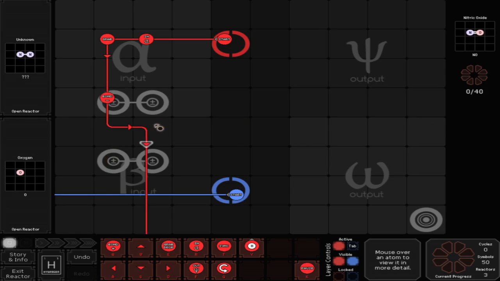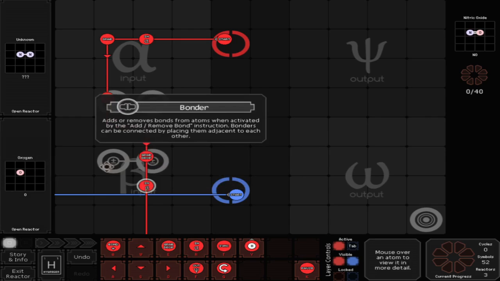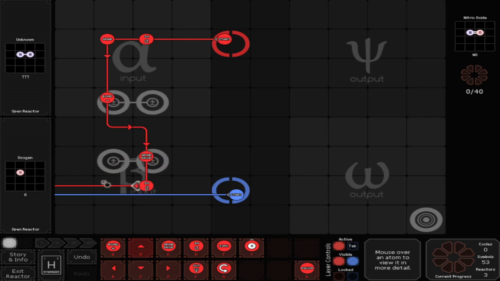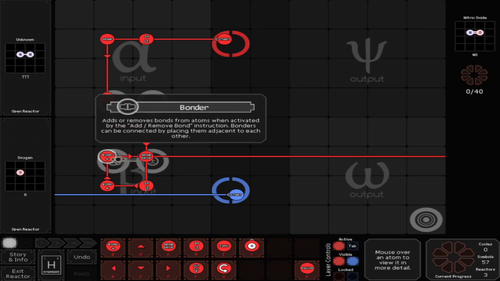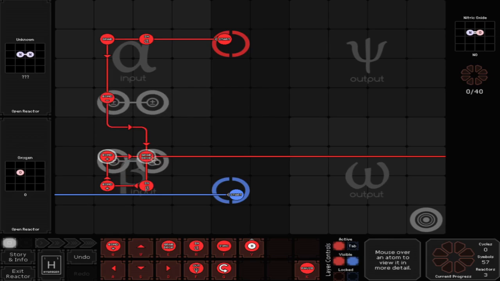Then, yeah, grab, drop here. Call in an oxygen atom, which will appear right here on the bonder. And then double bond the oxygen to the nitrogen, pick it back up, and deliver it.